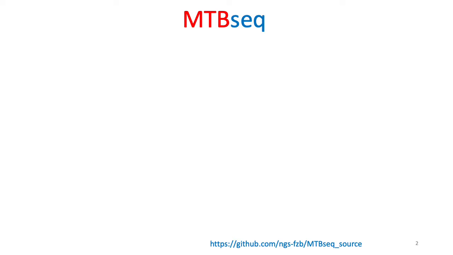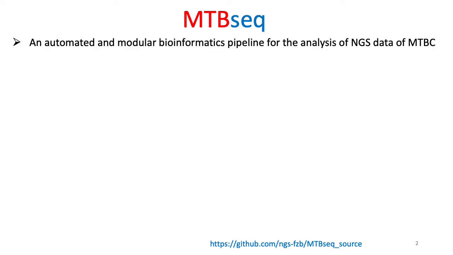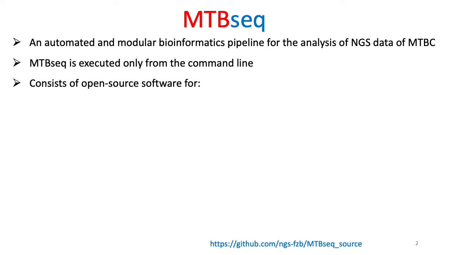MTBseq is an automated and modular bioinformatic pipeline for analysis of next-generation sequencing data of Mycobacterium tuberculosis samples by performing reference mapping, variant detection, annotation of variants for resistance association and phylogenetic information, and also comparative analysis of a set of samples. This pipeline is executed only from the command line.